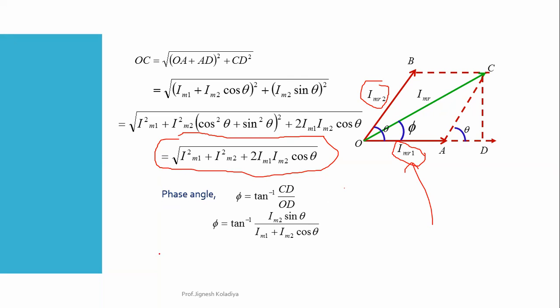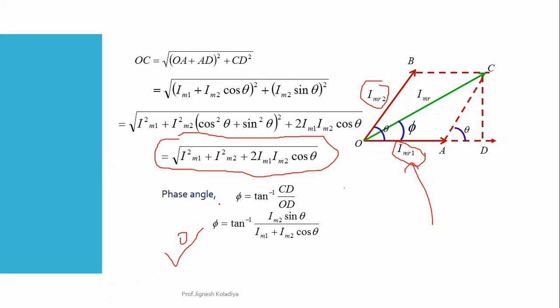In the same way, you have to remember the equation for the phase angle of the resultant with respect to reference. So whenever you are going to apply the parallelogram method, you have to remember these two equations.